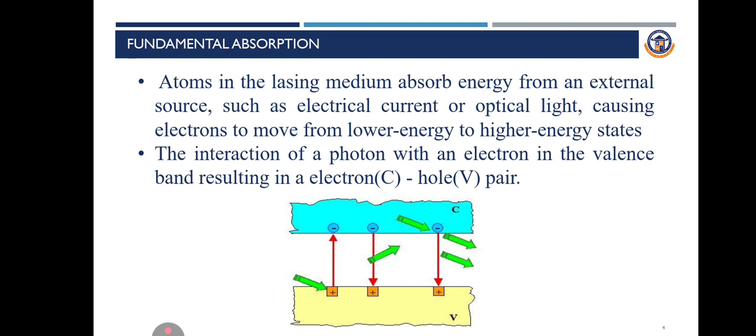I'll show the image. This is the valence band and this is the conduction band, where V denotes the valence band and C denotes the conduction band.